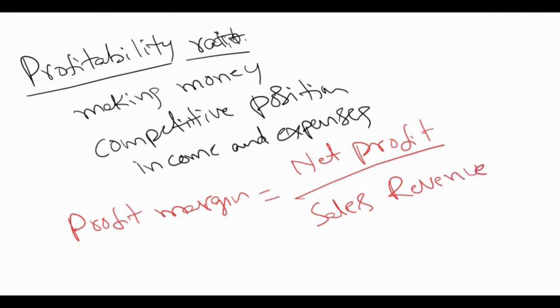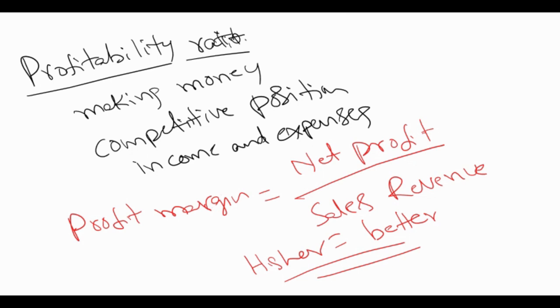A higher value is a better ratio. When you calculate the profit margin, if it is higher, then it is better. How do you decide whether it is higher or lower? It is known when you compare with your competitors or any other businesses of the same type.